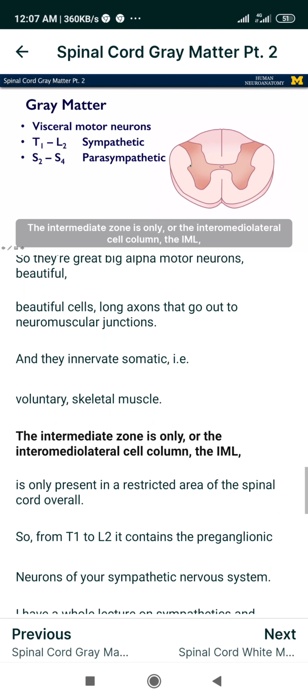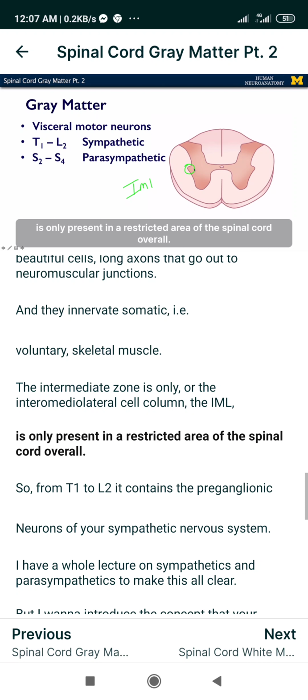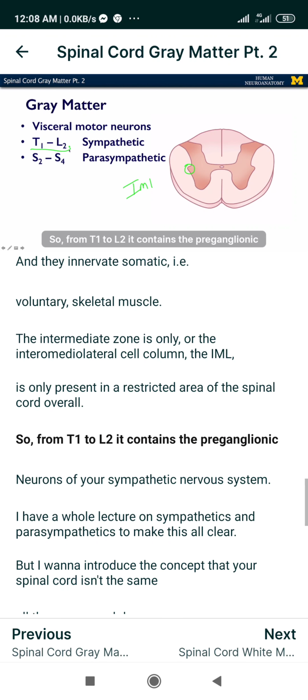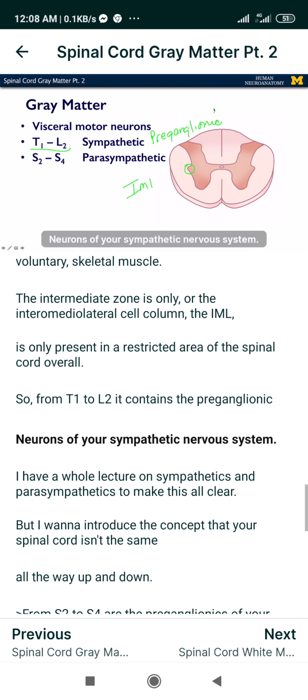The intermediate zone is the intermediolateral cell column, the IML, which is only present in a restricted area of the spinal cord overall. So from T1 to L2, it contains the preganglionic neurons of your sympathetic nervous system.